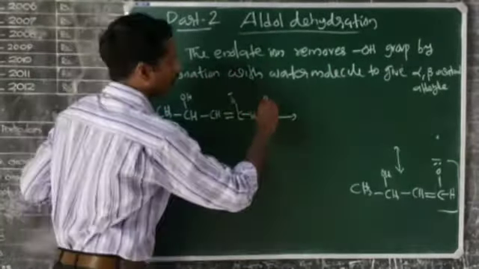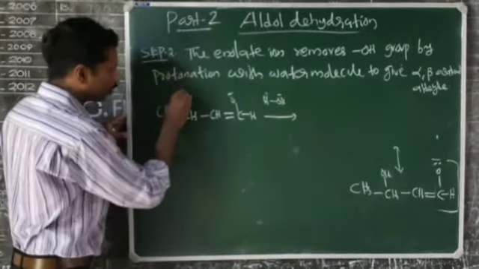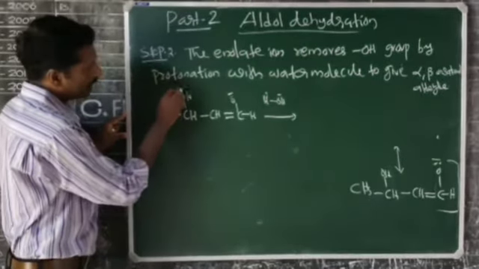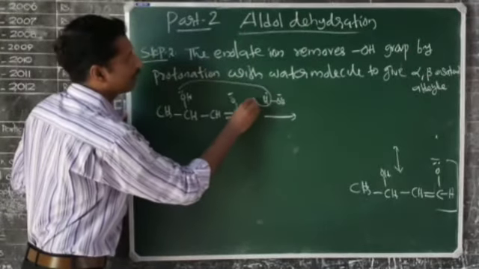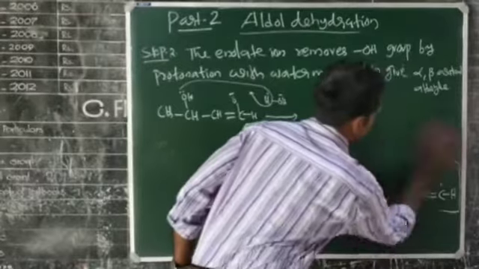Again, another molecule of water, HOH, H plus and OH minus. You can see that this OH group has a lone pair of electrons. Oxygen has a lone pair of electrons. This lone pair will abstract H plus from water. So what will form? Look at here.